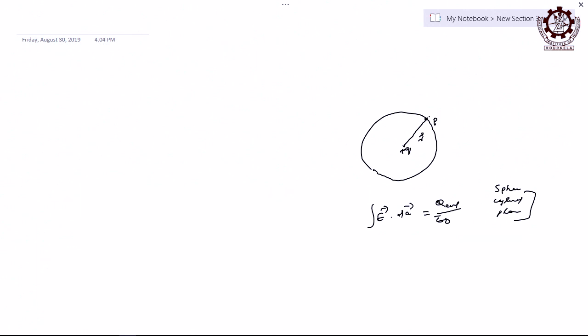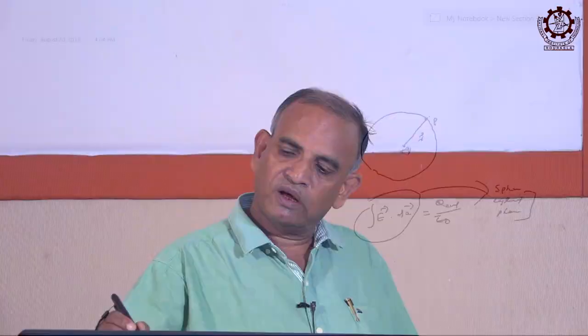So, in order to apply this integration, this is a must: the surface must be symmetric, otherwise you cannot integrate it. That is why you consider a symmetric surface, either sphere or cylinder or plane, in order to make that integration easy. In that way you are calculating the intensity at this point or anywhere.